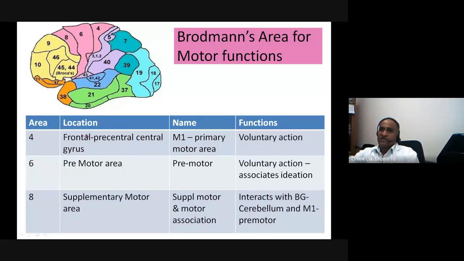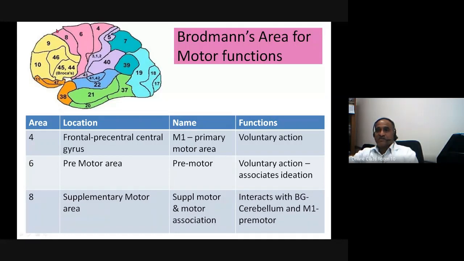Area 4 is the frontal precentral gyrus. This is the central sulcus, and area 4 is anterior to it. Anterior to this is area 6, the premotor area and supplementary motor area.